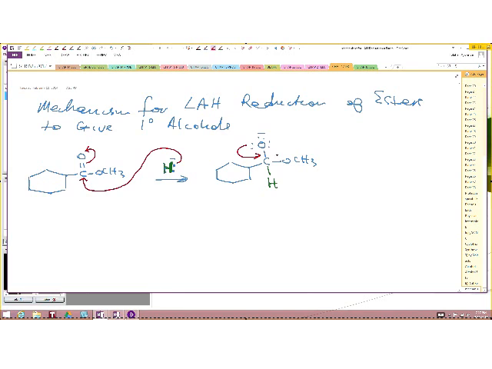Carbon cannot have more than 4 bonds, so the oxygen-carbon bond will break, to form this.